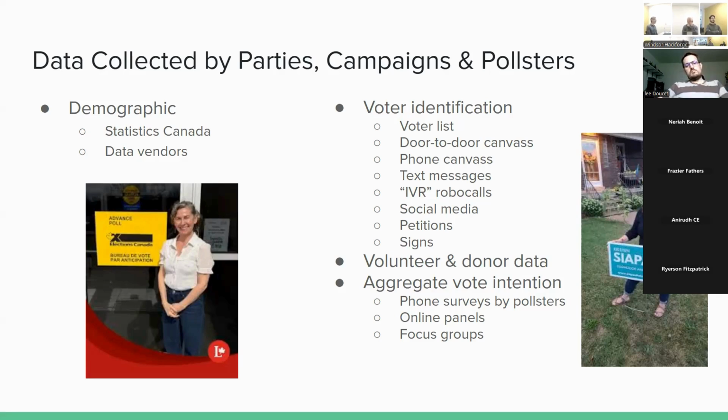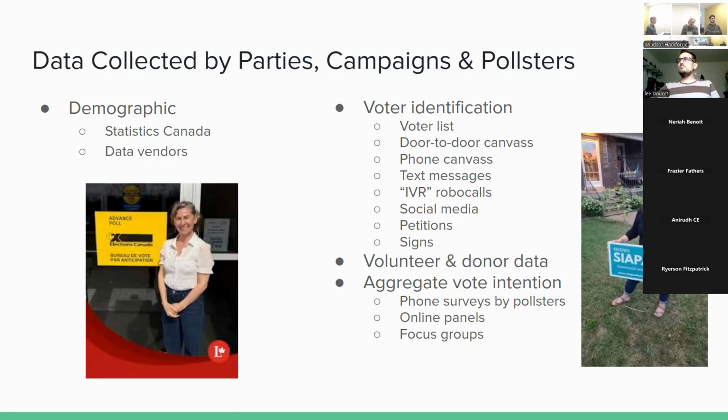And so let's talk about the data that parties, campaigns, and pollsters can collect. Demographic data is really important in Canadian politics. The demography of the electorate is a tool that is used by parties and by pollsters in order to model potential voter behavior, in order to understand what might happen.